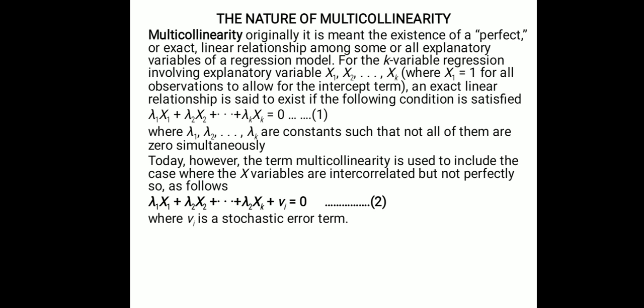Multicollinearity originally meant the existence of a perfect or exact linear relationship among some or all explanatory variables of a regression model.